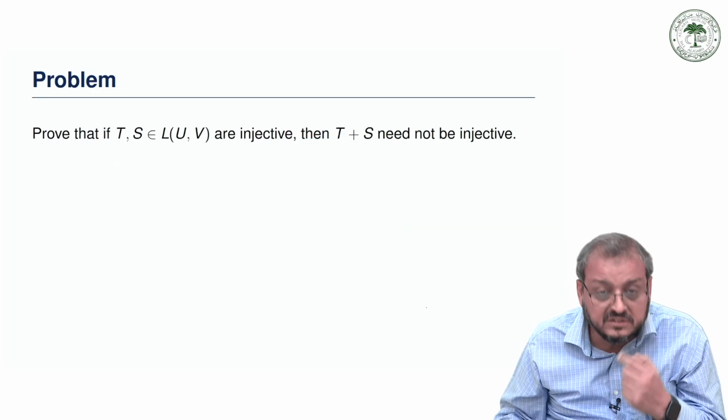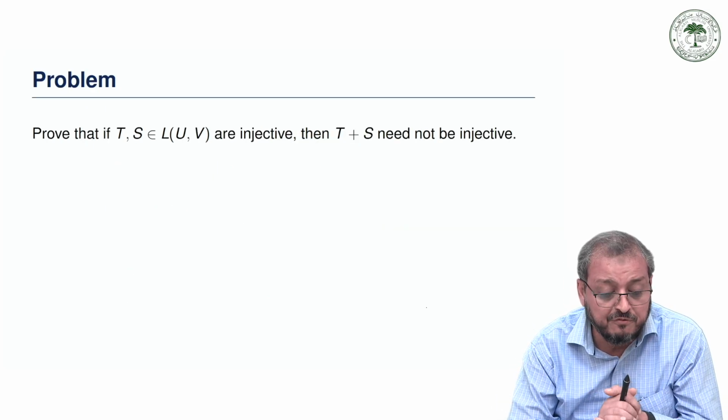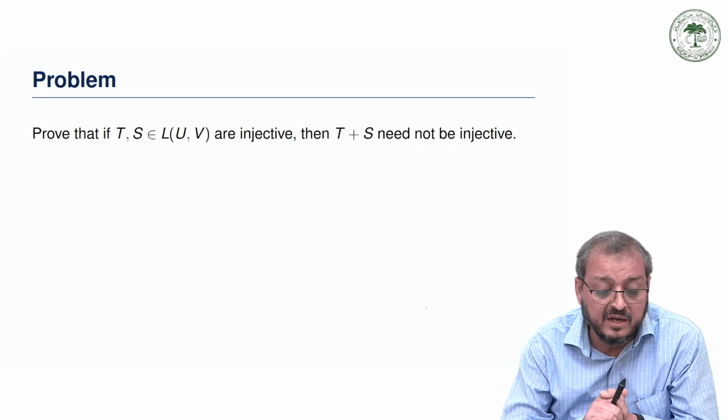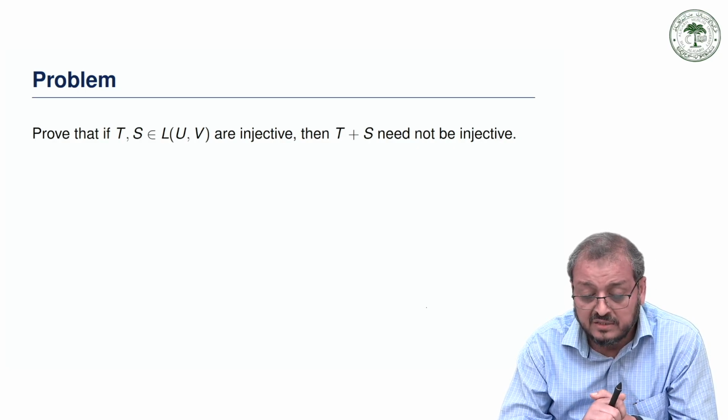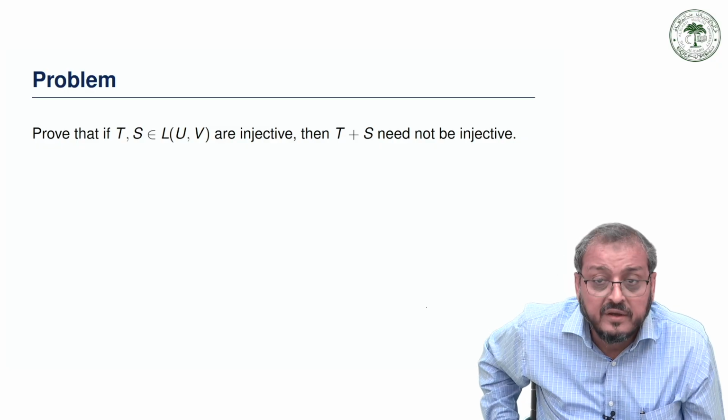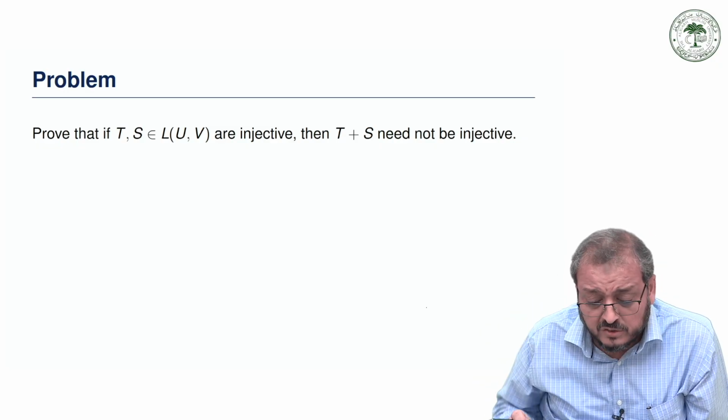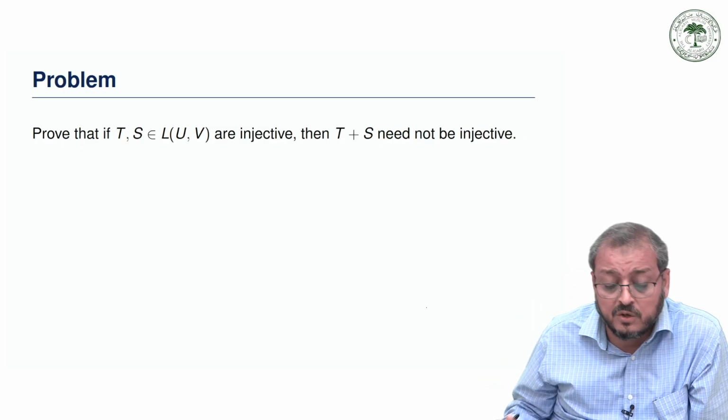Now, there is a problem. If S and T are linear maps between vector spaces and are injective, then S plus T need not be injective. Let us check whether this is true or not.